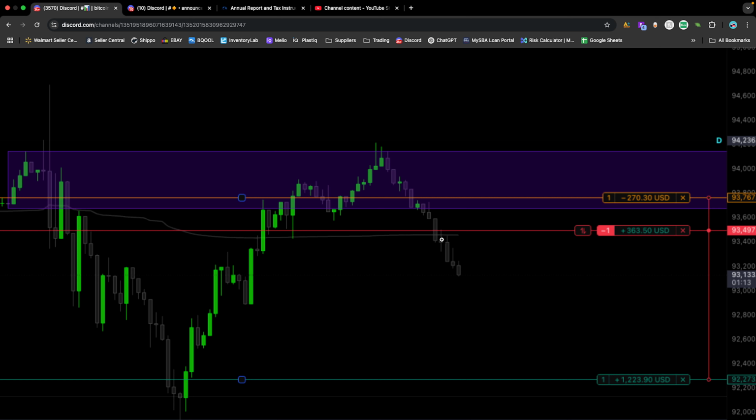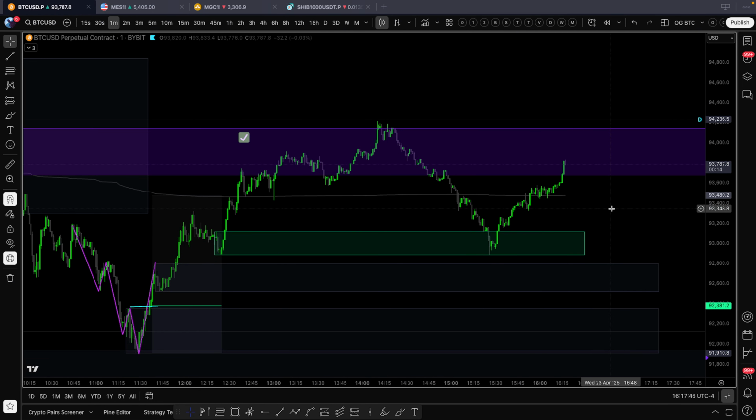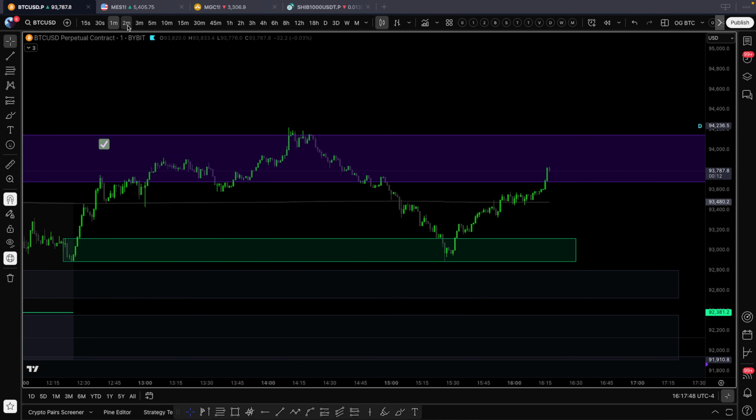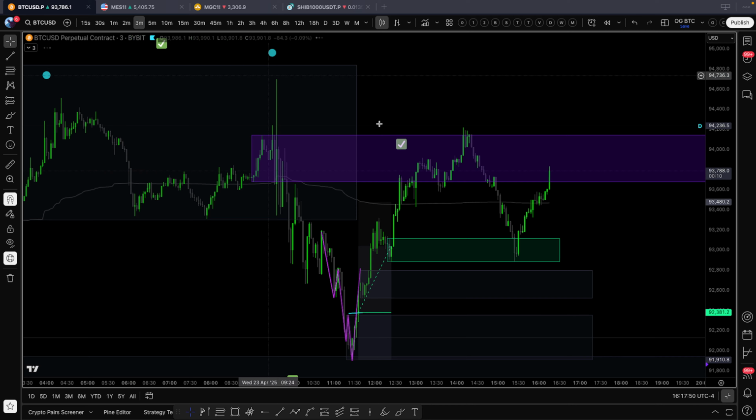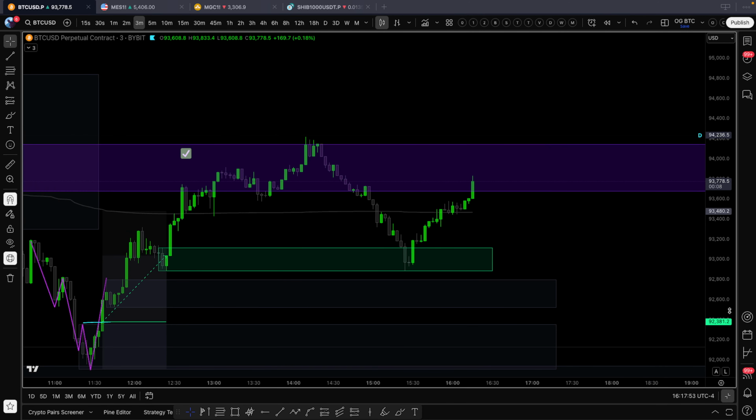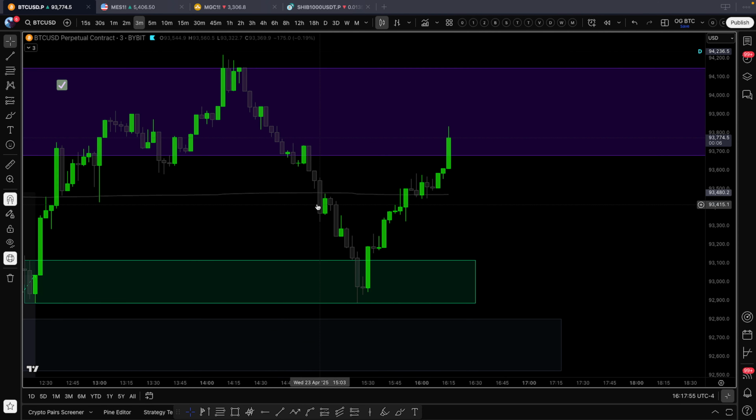So once this candle wicked back into this fair value gap here and backtested that VWAP, I was short. So again, I'll show you here. It was this candle here, and this is where I shorted it from.